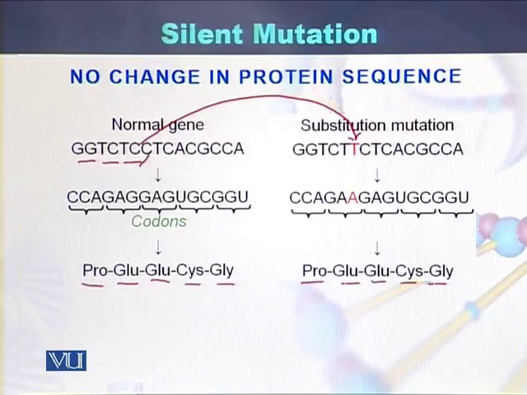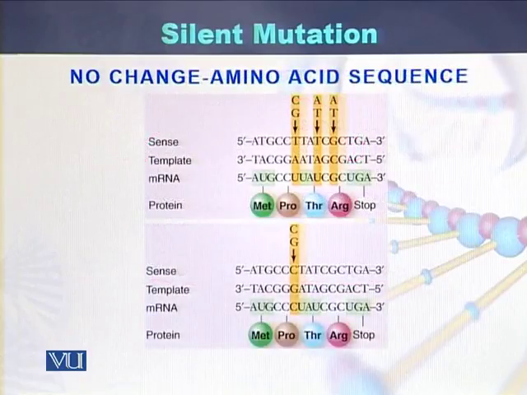This C which was present in the original DNA sequence is replaced with thymine. So silent mutations are those mutations in which there is a change at the DNA level, but there is no change at the protein level. This is a second example of the silent mutation.